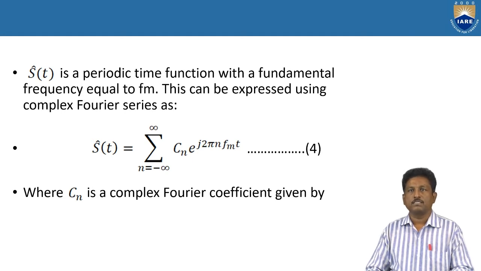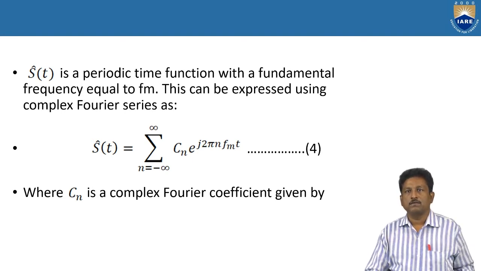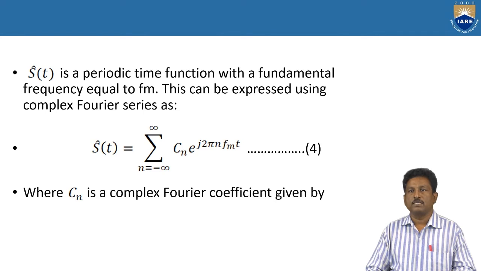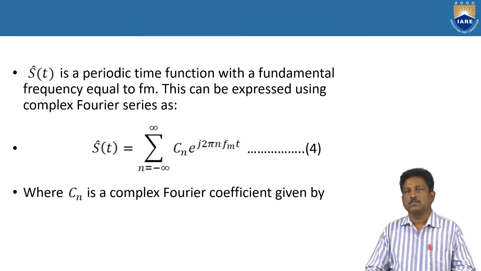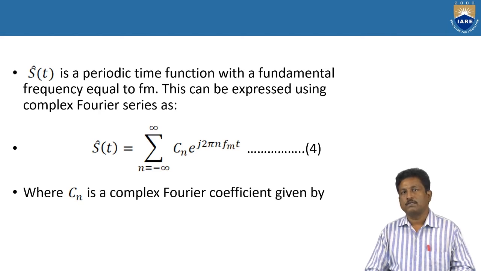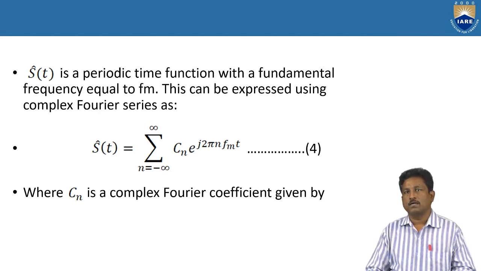So this can be expressed using the complex Fourier series as s cap of t equals sum from n equals minus infinity to infinity of Cn e power j 2 pi n fmt. This is the standard expression in complex form.